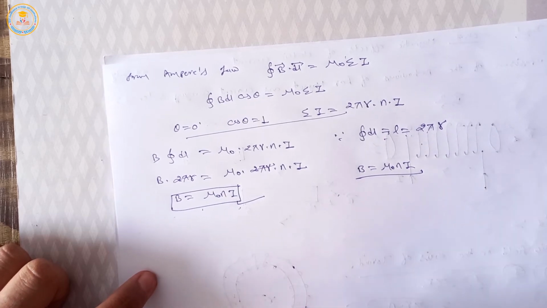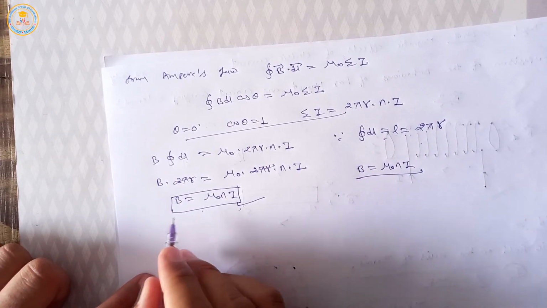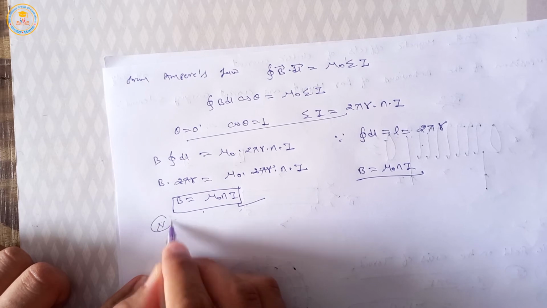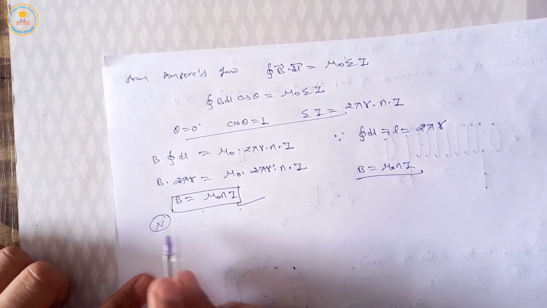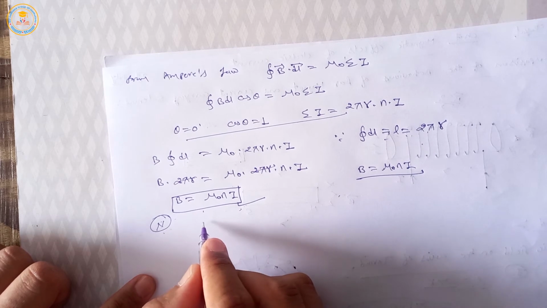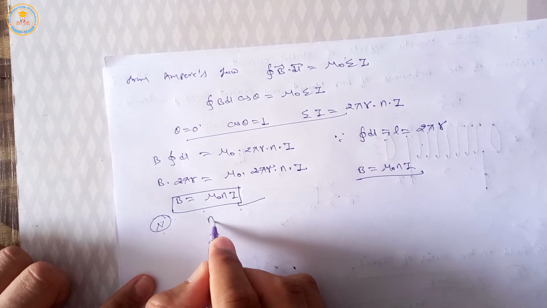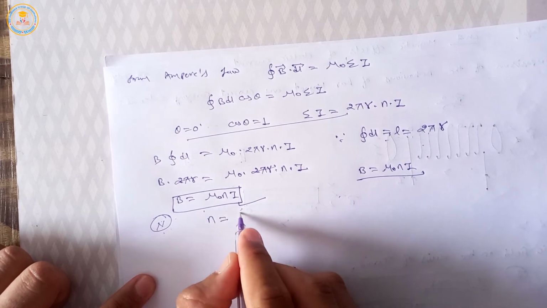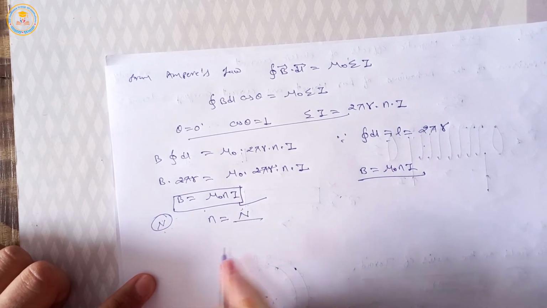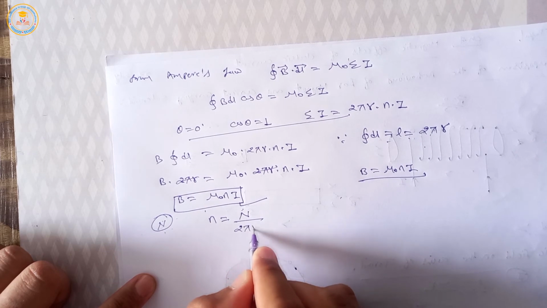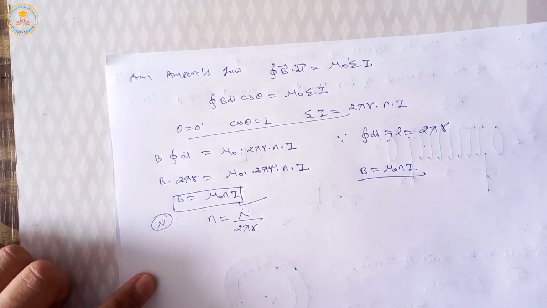Okay. In another form, if the total number of turns in the toroid is capital N, then the number of turns per unit length, small n, is equal to the total number of turns upon the total length of the toroid, which is equal to the circumference of this toroid, 2 pi r.